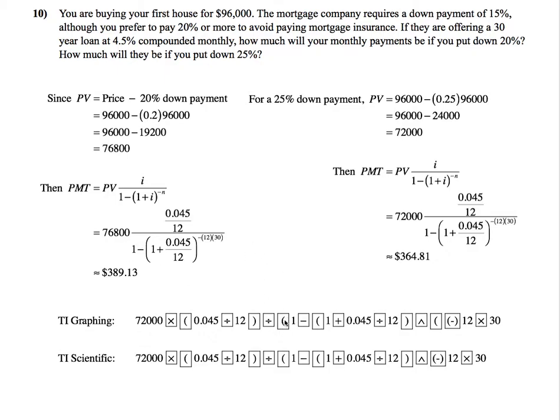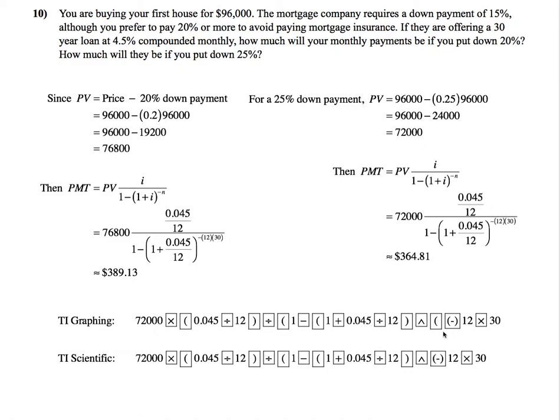And so here's the parenthesis that starts your denominator, and we need a 1 minus, and then a set of parentheses again for this exponential expression, 1 plus 0.045 divided by 12, or the value that I gave you earlier. Then you close those parentheses and press the caret exponentiation key, and for the graphing calculator you need parentheses before you enter the negative button.